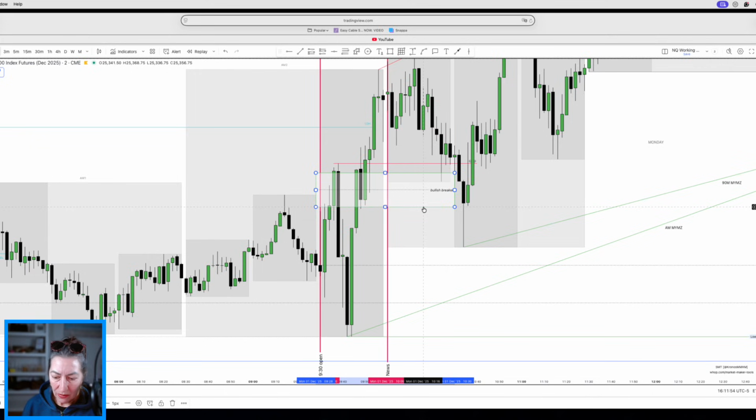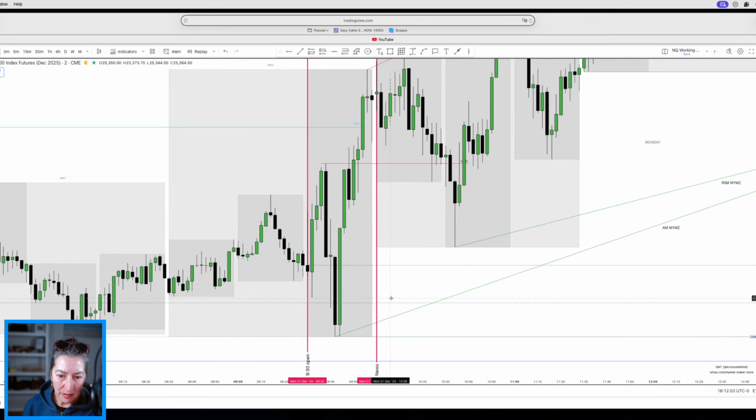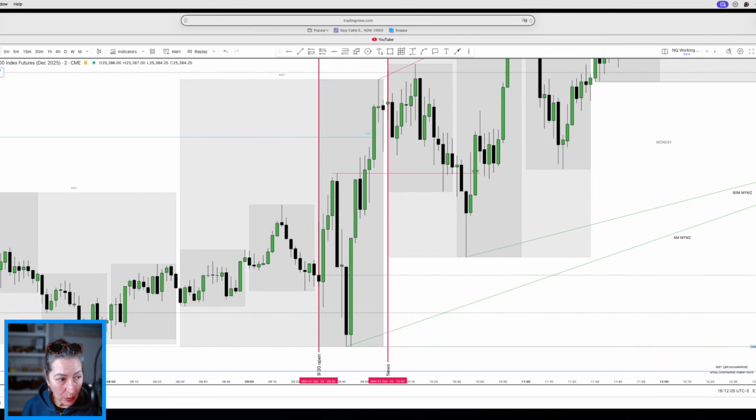I'm going to take this off. And then immediately had a reversal or a retracement back down. So what do we know that to be? Well, we know that to be a breaker. So we have a low, then we have a high, then we have a lower low, and we have a higher high.